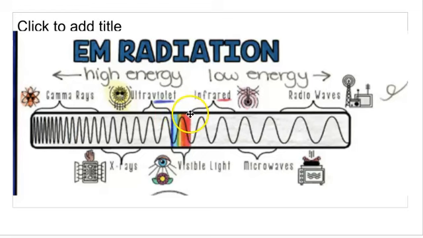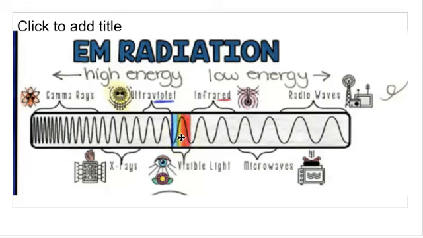Red has less energy, but it also has a bigger wavelength from crest to crest. Red is the longest, blue is the smallest wavelength. Red has less energy, blue has more energy. Red has a lower frequency, blue has a higher frequency. So that's going to be important for what we're talking about today.